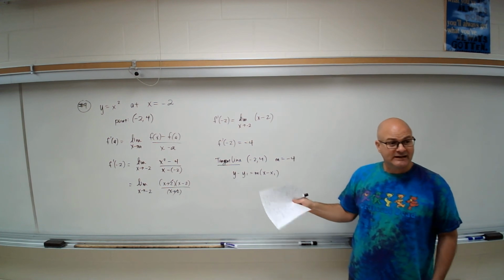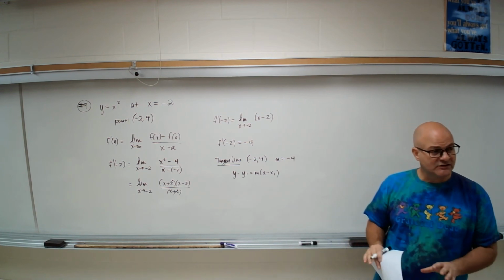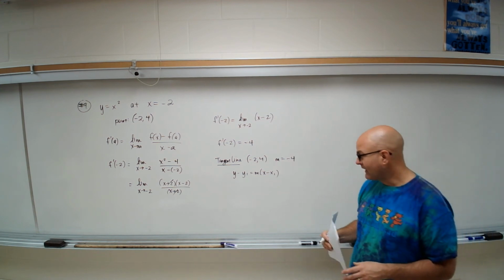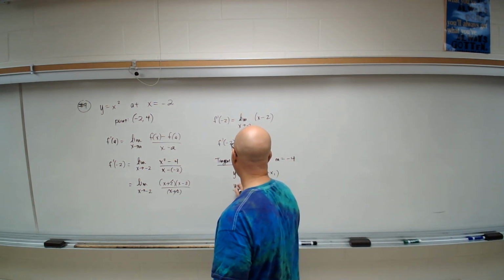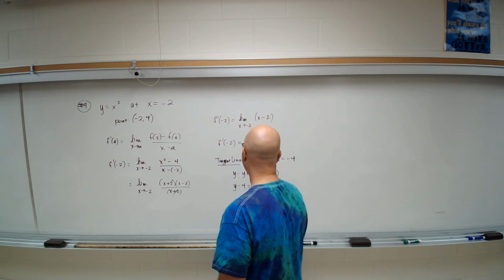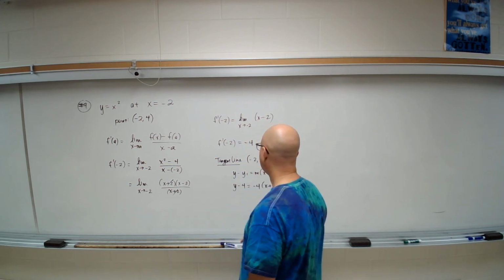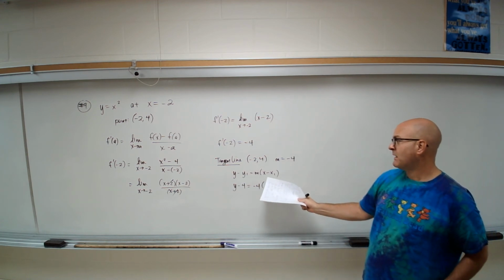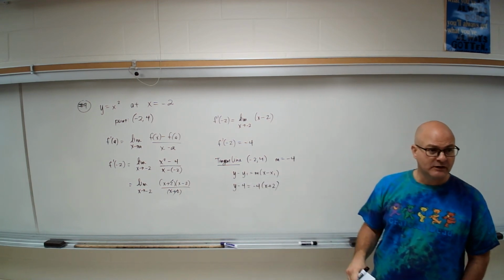Use this formula and leave it in this formula. It's such a waste of energy to not do that. It's right here for you. So we'll get y minus 4 equals -4 times x plus 2. That would be the tangent line. Again, I did x minus -2 and plus 2.